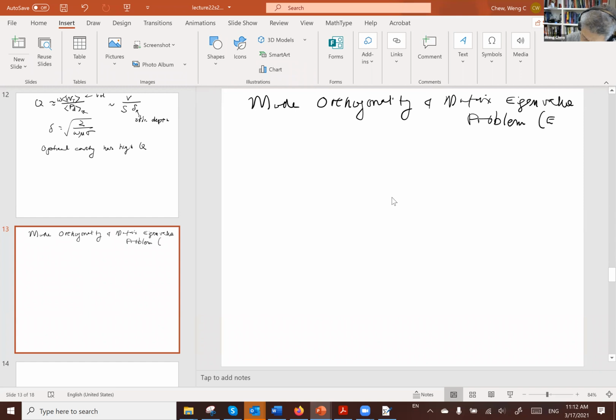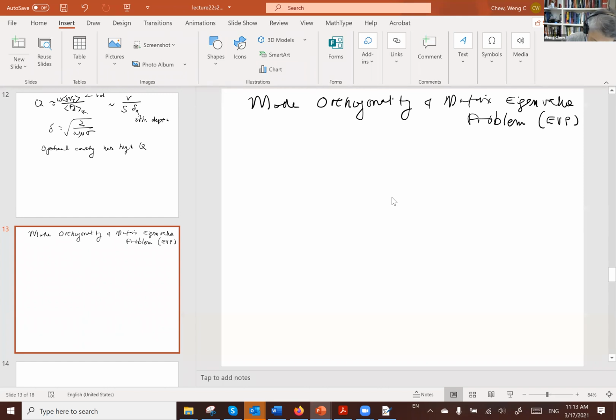This is also called an EVP. We have learned about mode orthogonality in other courses, but not in this course. But I'd like to point out the fact that mode orthogonality of the cavity modes and the waveguide modes are very much related to the matrix eigenvalue problem.